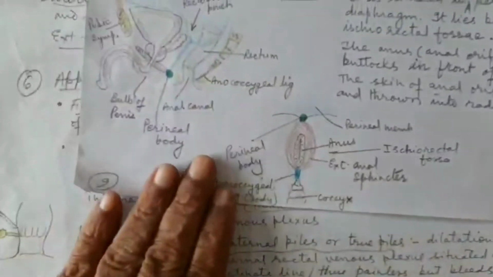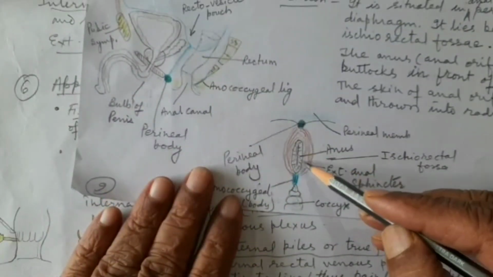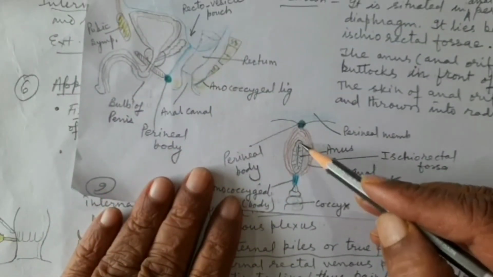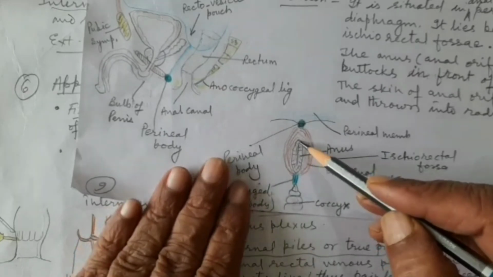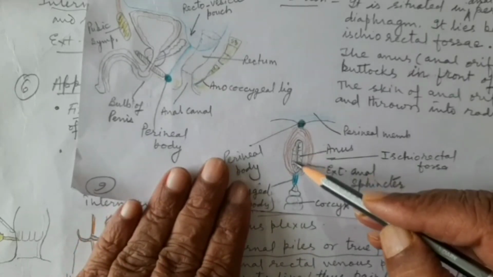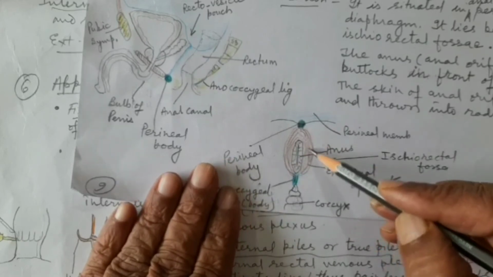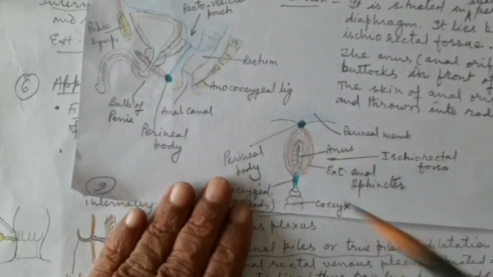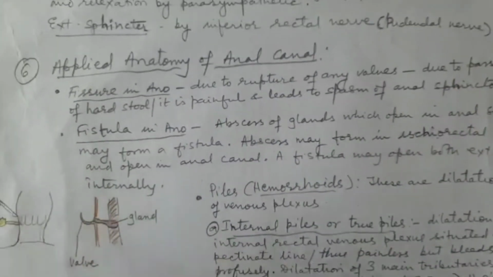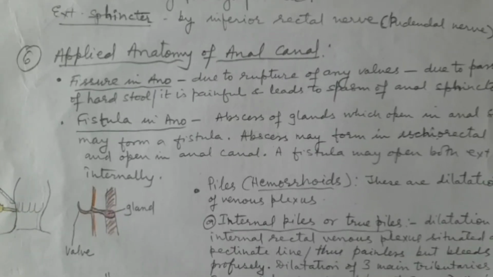See here, we have seen that the anal orifice, with its right and left lateral wall, is a vertical slit. It will always remain in contractile condition due to this external anal sphincter, which is supplied by a branch from the pudendal nerve, except during defecation.